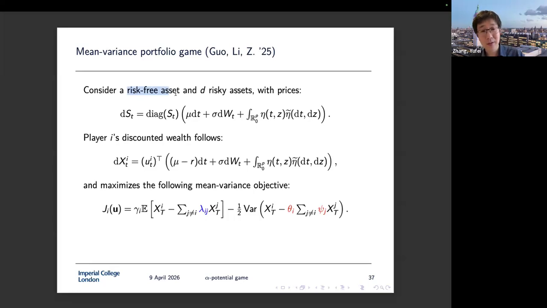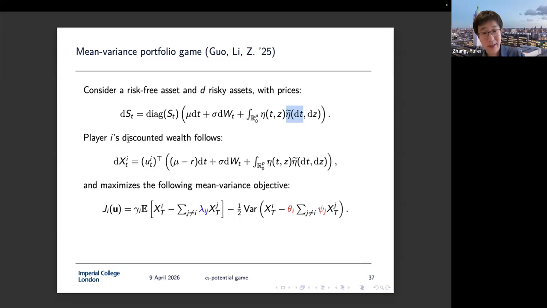There is a risk-free bond with a risk-free rate R, and there are d risky assets where the price follows a vectorized geometric Brownian motion, where the return can be driven by some correlated Brownian motions. It can also be driven by some Poisson random measures.